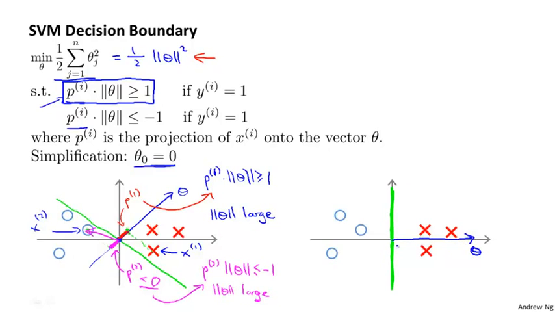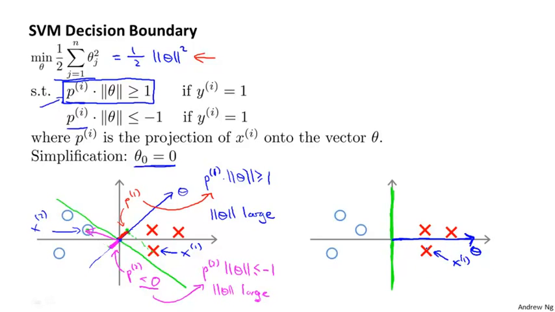If that's the decision boundary, here's the corresponding direction for theta. With the decision boundary being that vertical line, it's possible to show using linear algebra that the way to get that green decision boundary is to have the vector theta be at 90 degrees to it. And now, if you look at the projection of your data onto theta, let's say as before that this example is my example x1.